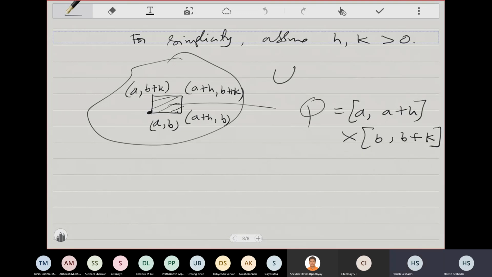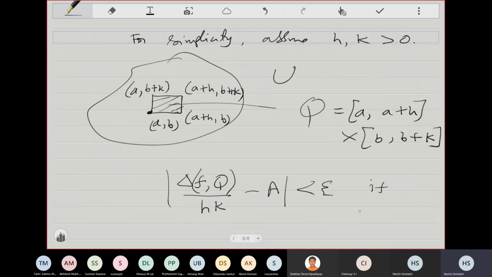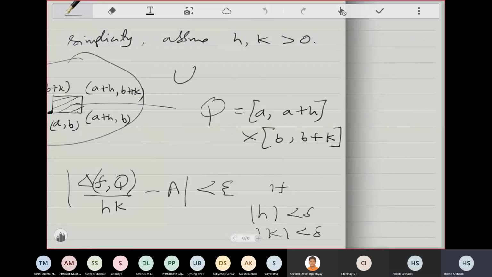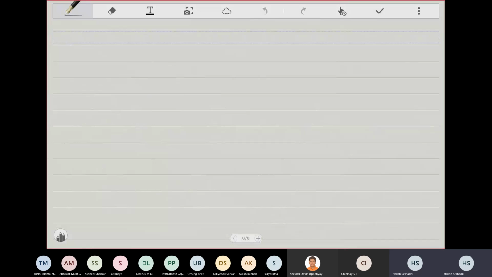Okay, so the upshot is that we are in the process of proving that |Δf(Q) divided by hk minus A| is less than epsilon if |h| is less than delta and |k| is less than delta. If we prove this, we are done. So let's just prove it then.